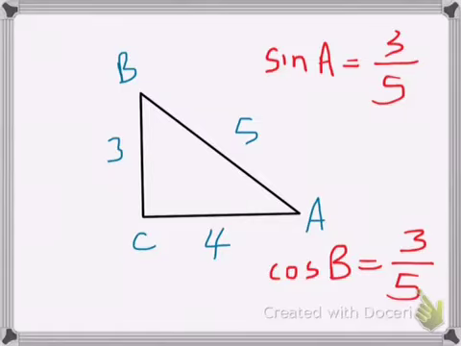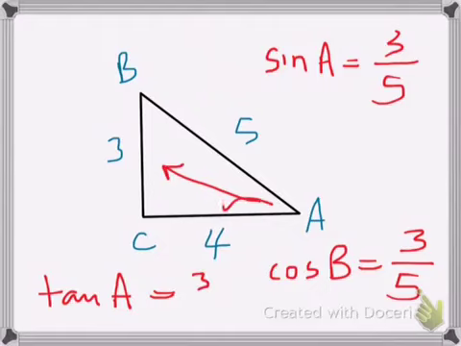For a little more practice, let's do the tangent of angle A. The tangent is the opposite leg over the adjacent leg. The leg opposite angle A is 3, and the leg right next to angle A is 4. So opposite over adjacent there would be 3/4.